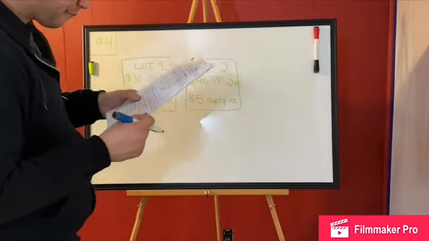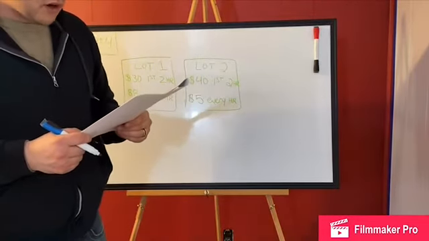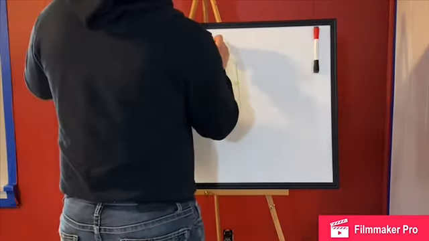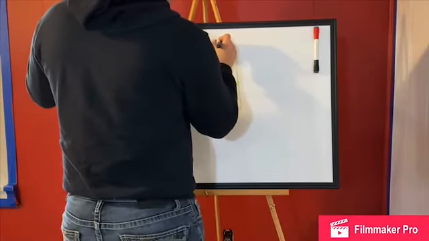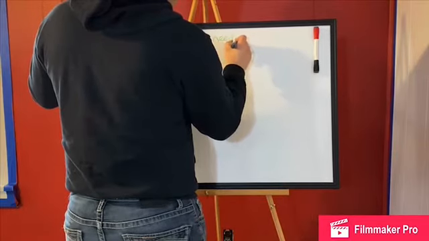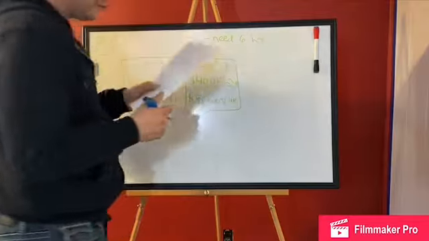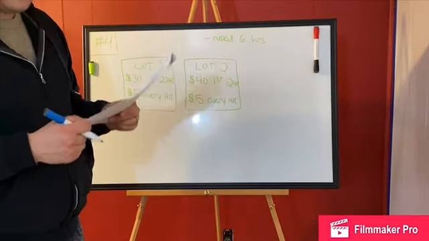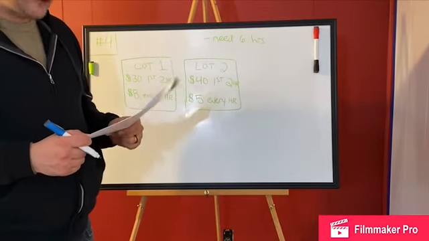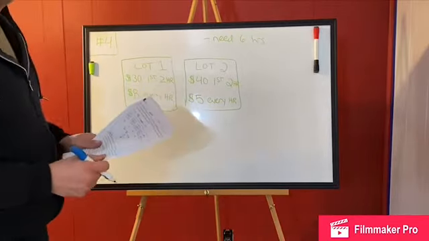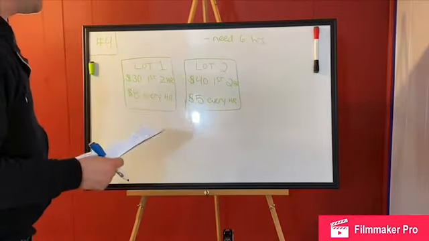Okay. So, Newell and his father need to park for 6 hours. This is important. So, need 6 hours. So, which lot should they choose? Meaning, which lot is cheapest?